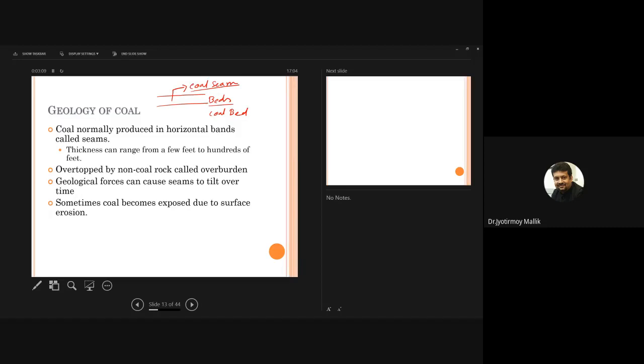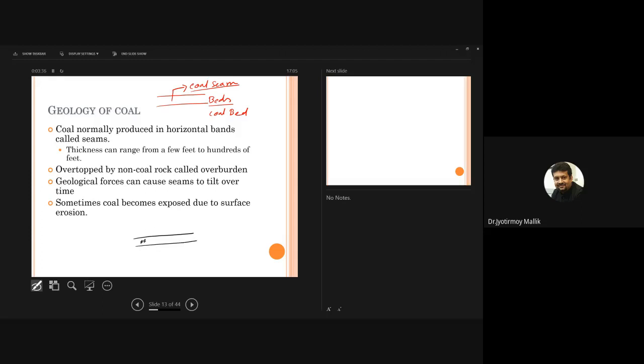So thickness can range from a few feet to hundreds of feet, overtopped by non-coal layers, which are called overburden. Okay, so that we explained yesterday. Suppose I have a coaly layer.